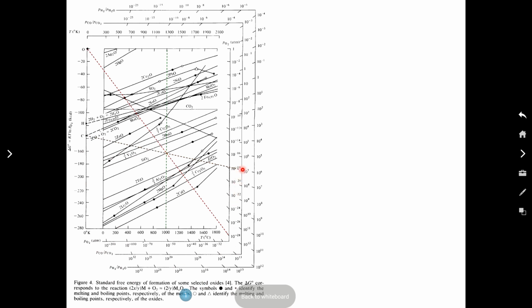It looks like the ratio of the partial pressure of CO to CO2 could be closer to 10 to the 7. So you have to mix it in a ratio that creates that number, and that will create an equivalent PO2 of exactly 10 to the negative 28.